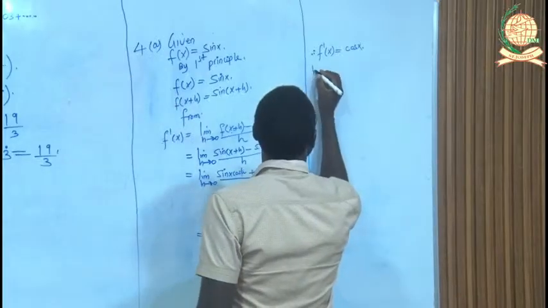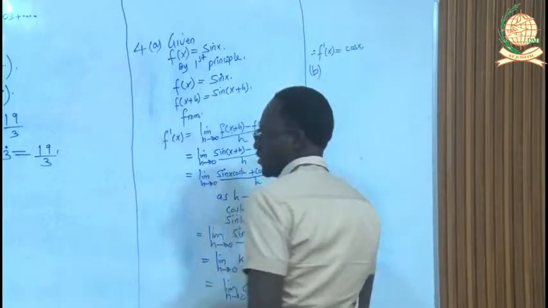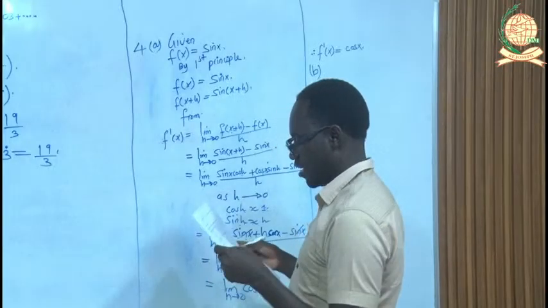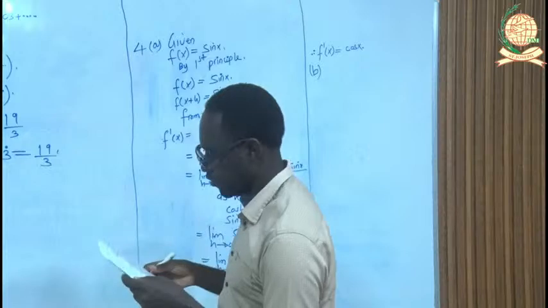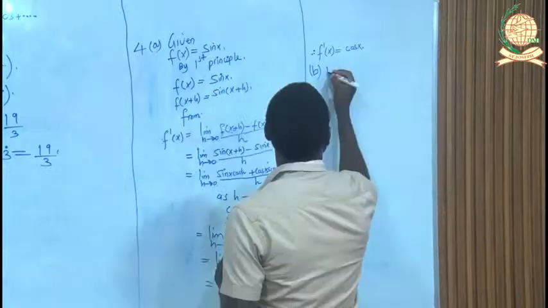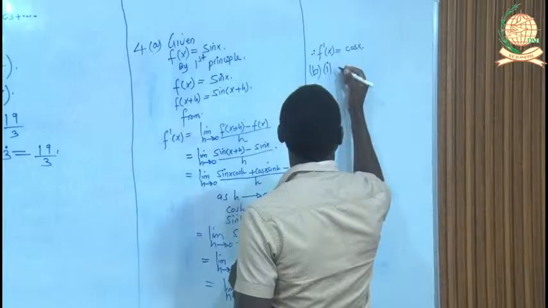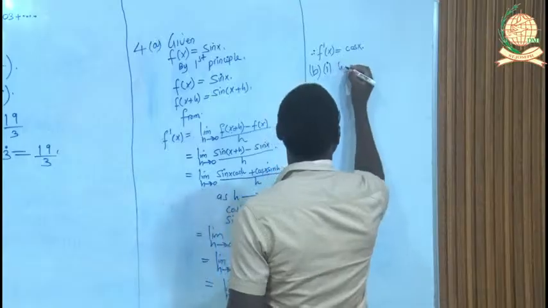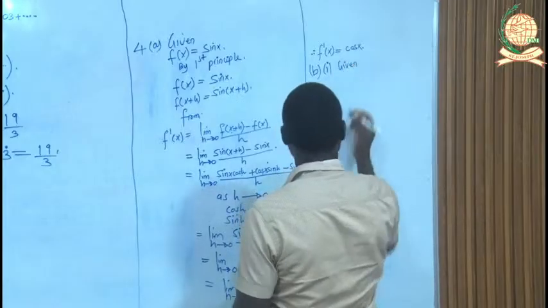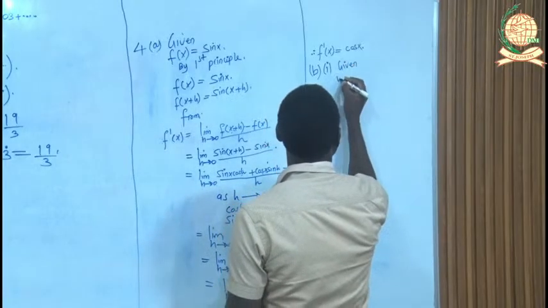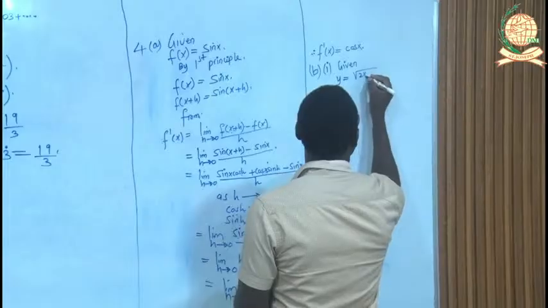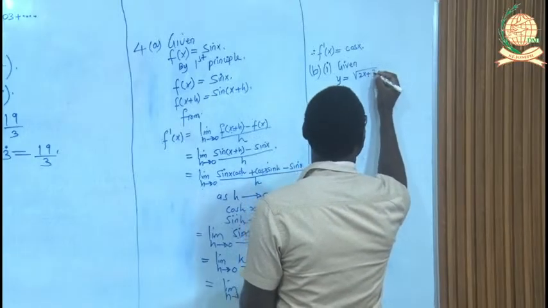Question number 4b: find the first derivative of the following function. Roman 1 was given y equals under root of 2x plus 3.